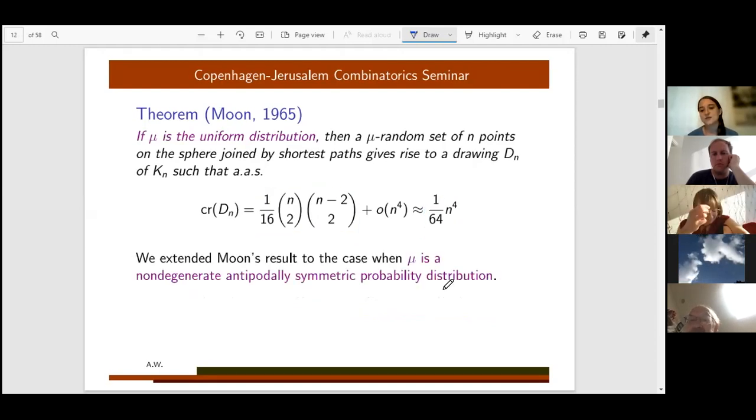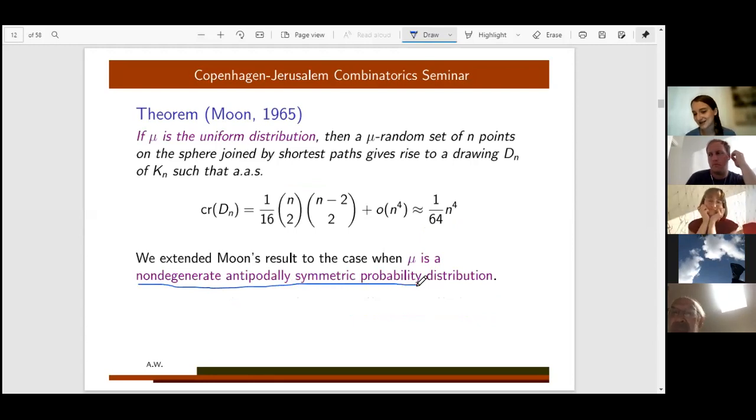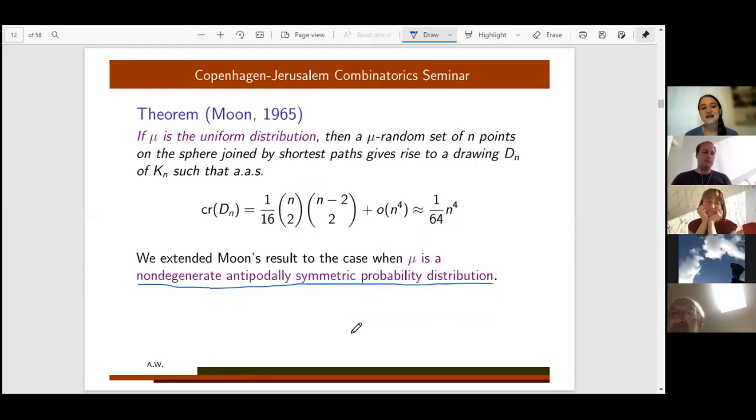What we did, we extended this result to more general probability distributions. It's a very long word. We called it non-degenerate antipodal symmetric probability distribution. But it includes all the words that we need to understand it, and I'll just explain them.